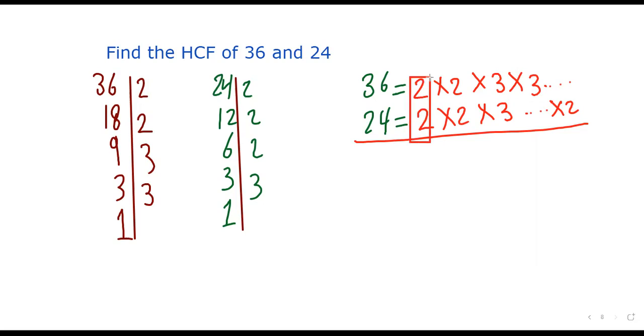So here you write one 2. And from here you choose one 2. And from here you choose one 3.